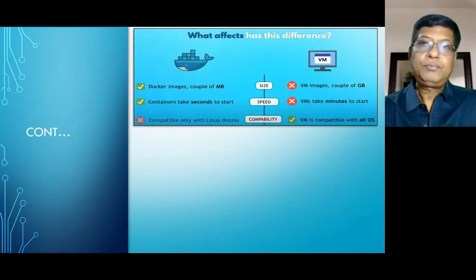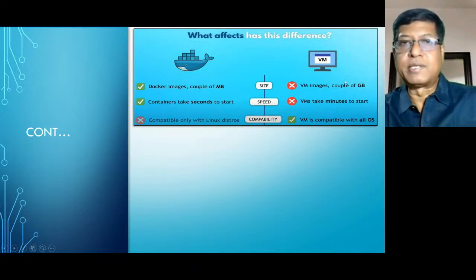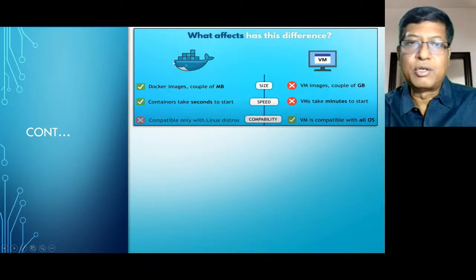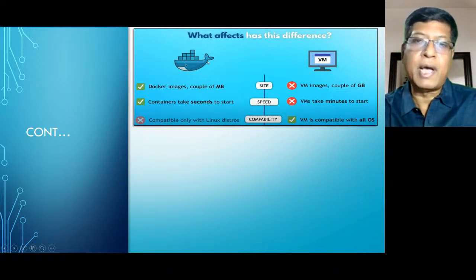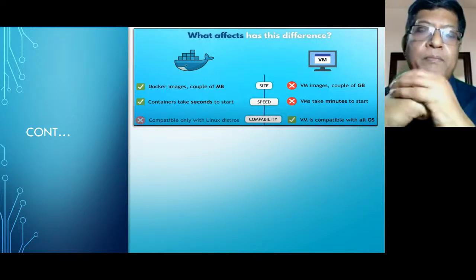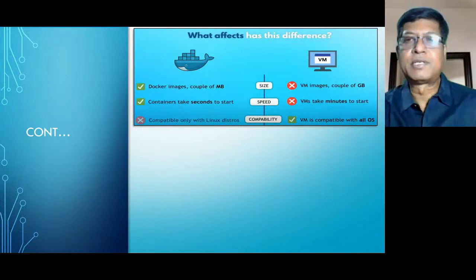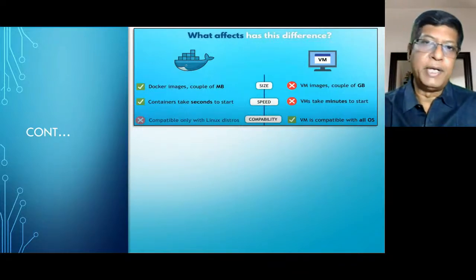Now, so what is the effect and what is the difference? So can you see this is a Docker? This is a very friendly whale. Did you ever hear the name of a picture called Moby Dick? There was a famous US movie called Moby Dick.